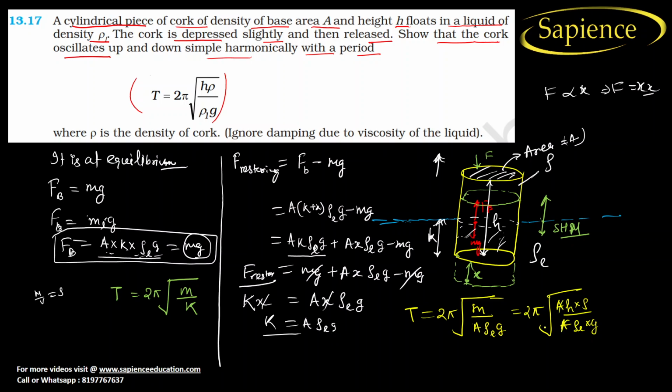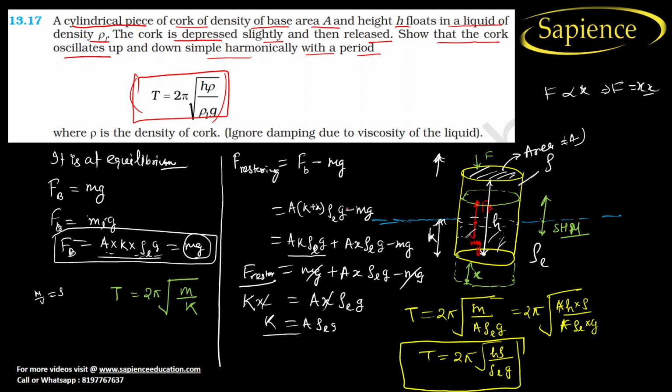When we cut the area, finally our time period will be equal to 2 pi root under h rho by rho liquid into g. So this is our desired result, and we have got the same result. I hope you have understood this question in a proper way.